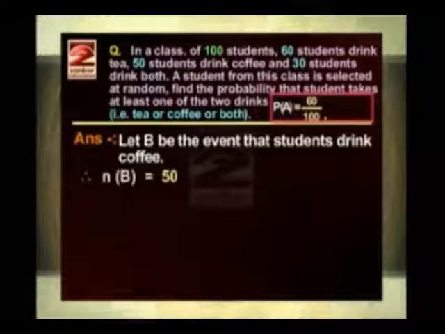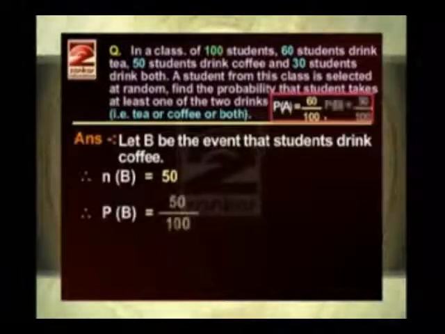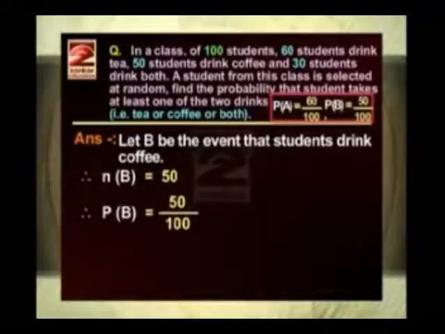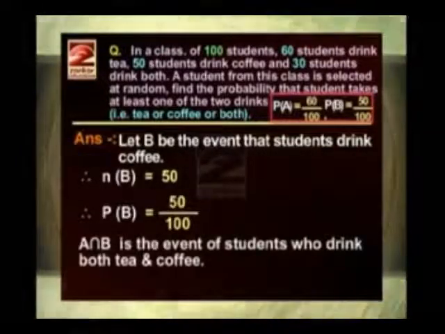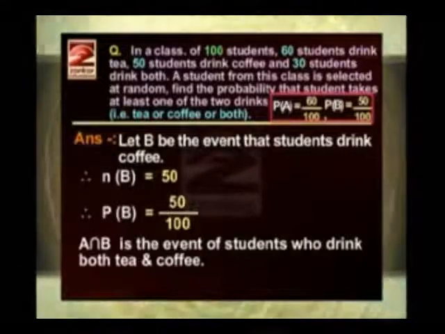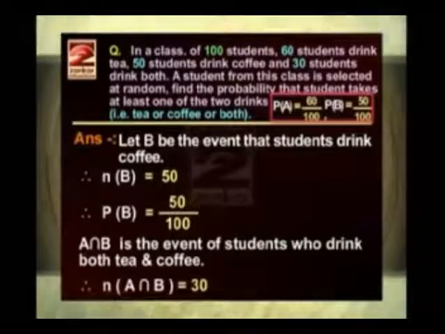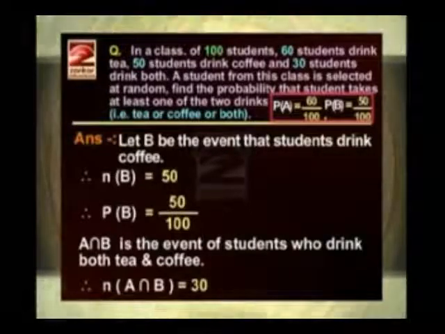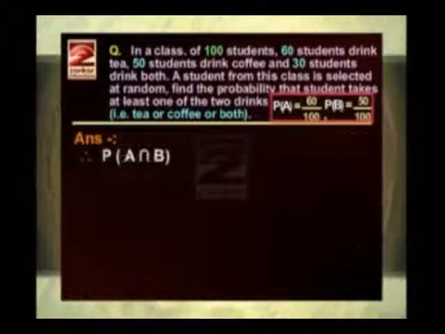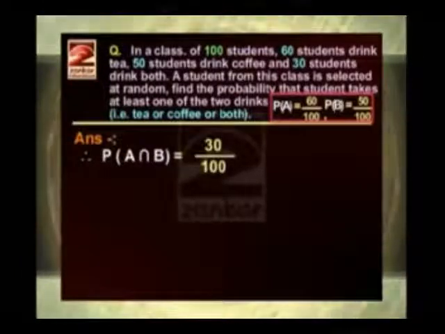Therefore, n(B) is equal to 50 and P(B) is equal to 50 upon 100. Now, A intersection B is the event of students who drink both tea and coffee. Therefore, n(A intersection B) is equal to 30. Therefore, P(A intersection B) is equal to 30 upon 100.